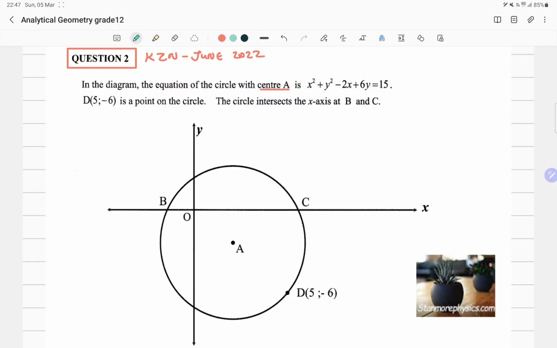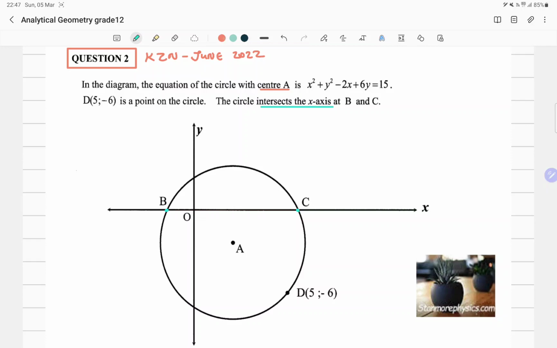The standard form is (x minus a number) squared plus (y minus a number) squared equals a constant on one side, which becomes the radius squared. Then D is a point on the circle. The circle intersects the x-axis, so these become the x-intercepts, and the corresponding y values are 0 on the Cartesian plane.